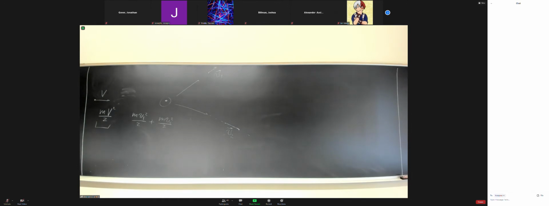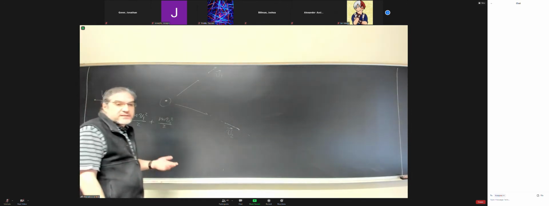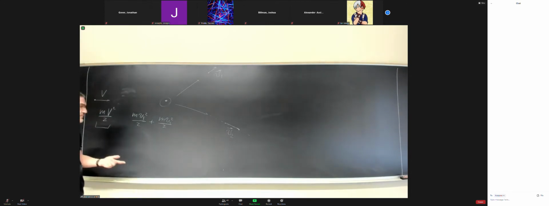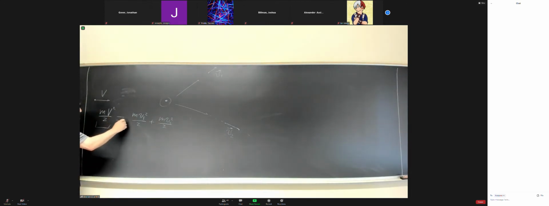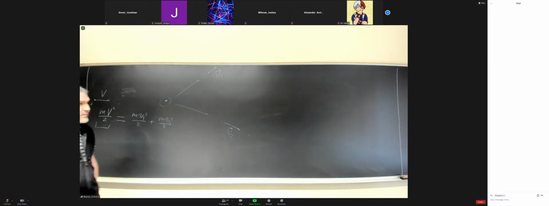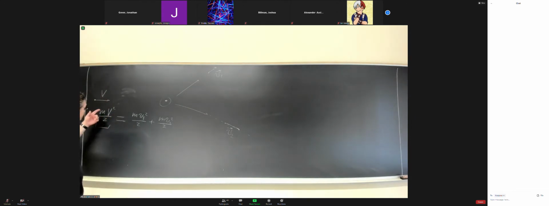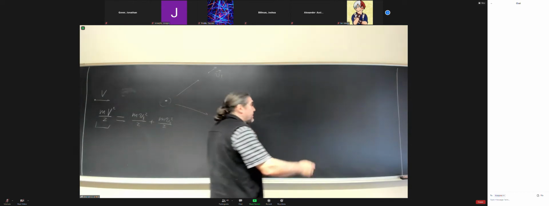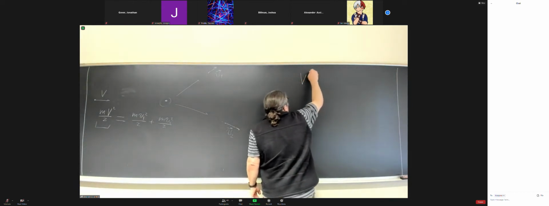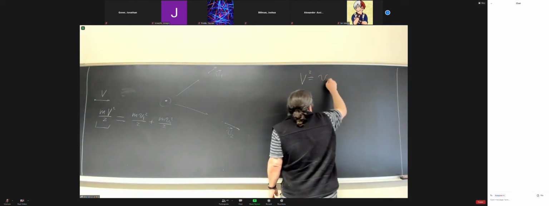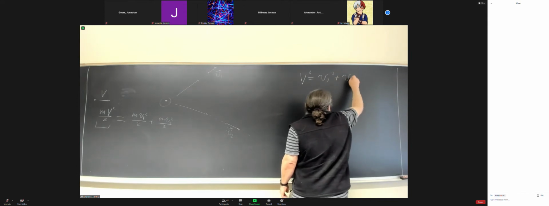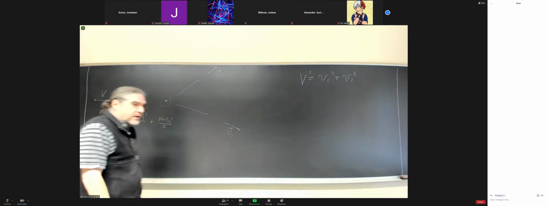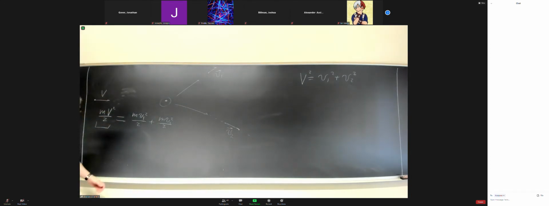Now the conservation of energy demands that the initial energy be equal to the final energy. Now you see that m over 2 is common everywhere, so let me cancel it out and just write that v squared equals v1 squared plus v2 squared. This is the energy conservation law.